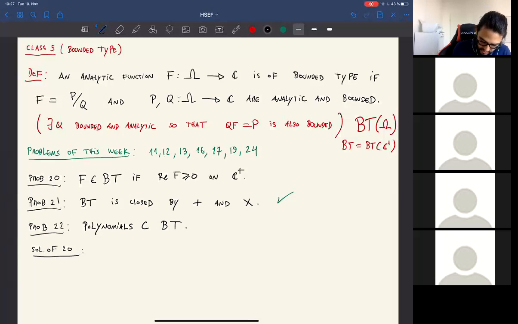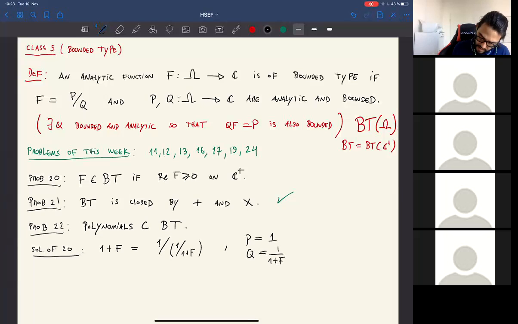Therefore, I just need to show that 1 plus f belongs to bounded type, but then I just write it as p divided by q, where p is 1 and q is 1 divided by 1 plus f.